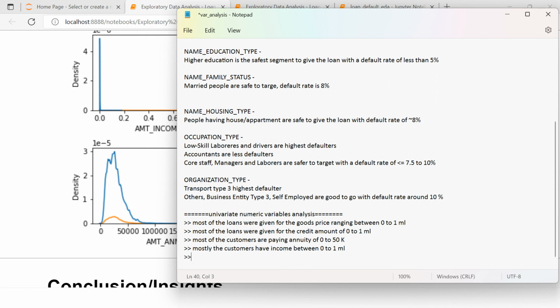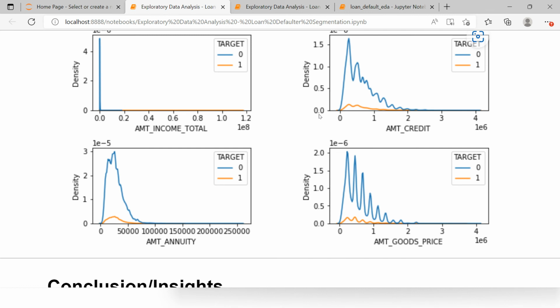From the defaulter perspective, we cannot conclude much on the basis of these amount variables. Like I said previously, defaulters and non-defaulters both are ranging between 0 to 1, in the same segment. If you take the segment 0 to 50,000, it has defaulters and non-defaulters also.